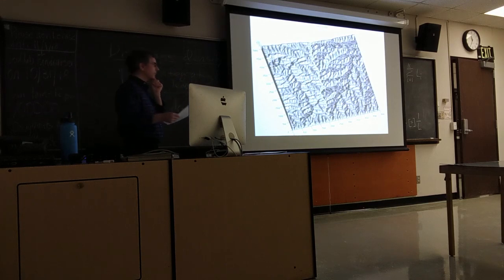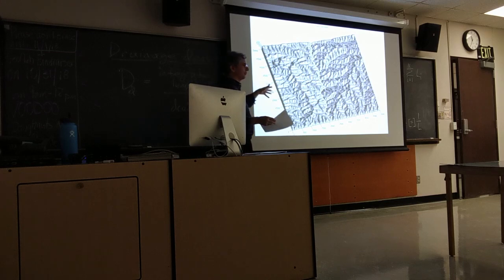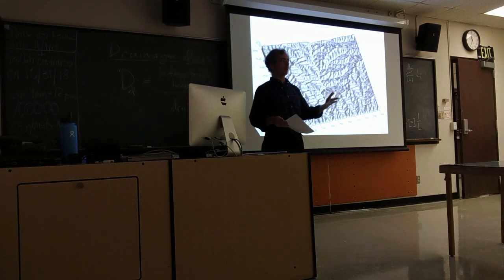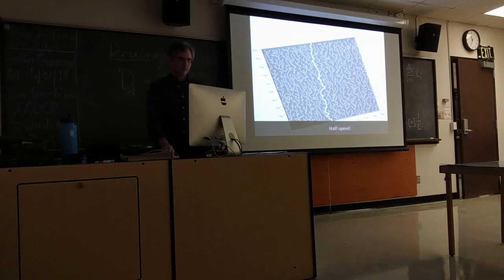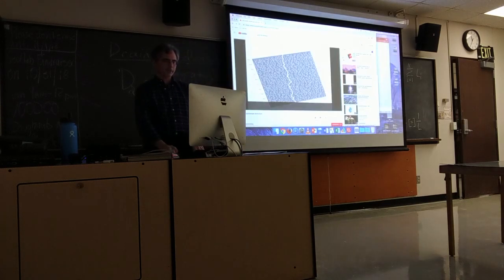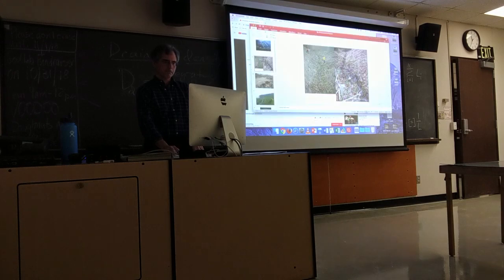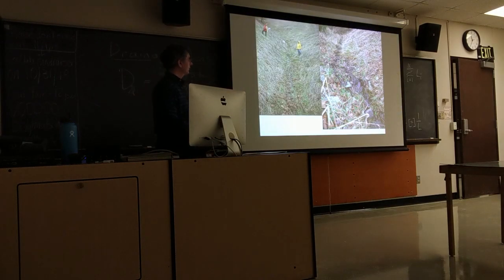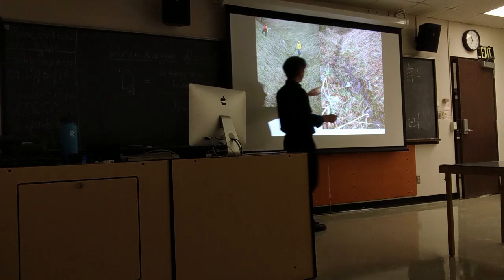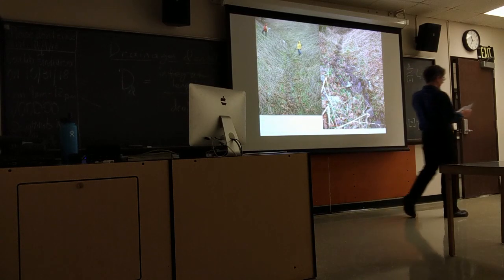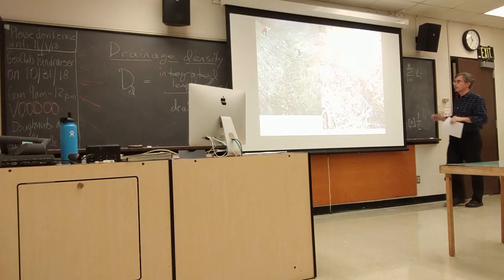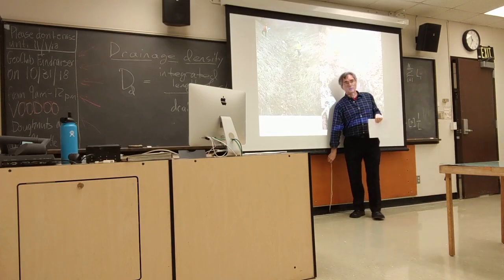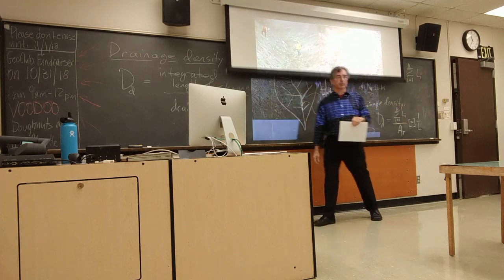Now, in order to do any of that fluvial work in reality, what do we need? Well, we need some flowing water, right? So the question is, how do we get the flowing water? Well, rain, duh.